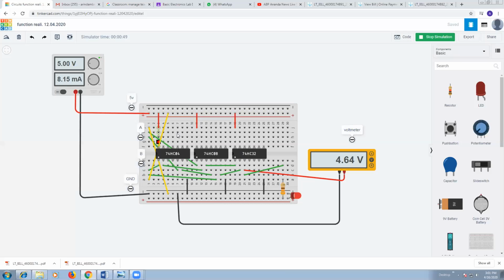The negative terminal of this power supply is connected with the lower horizontal power rail of this breadboard. So all these holes of the horizontal power rail are logical 0 or ground terminal or voltage 0. Pin number 7 of these 3 ICs are connected here to activate the 3 ICs.